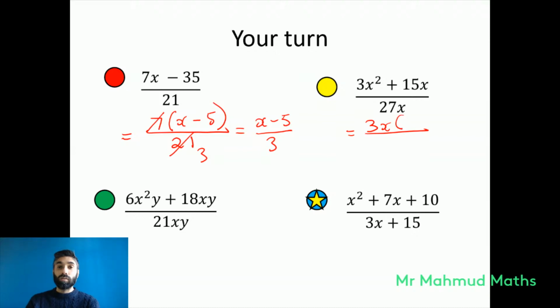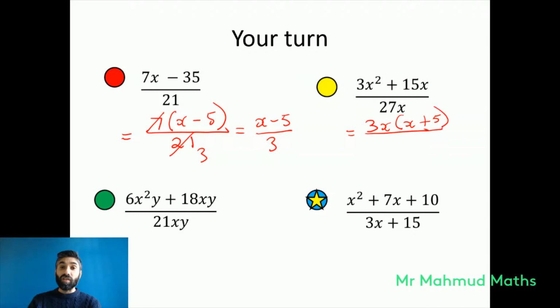Now, use the brackets. What do I need to times 3x by to get to 3x squared? X, because 3x times x gives us 3x squared. Next bit, what do I need to times 3x by to get to 15x? 5. Who said 5? No one.